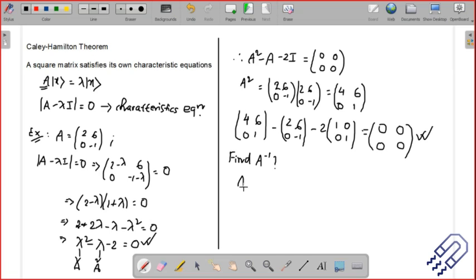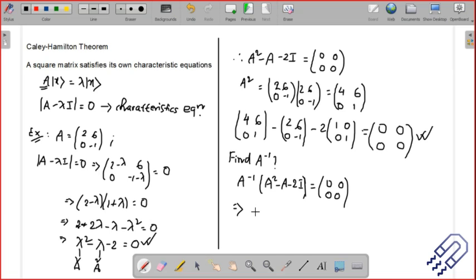Okay, so what we do is we can multiply with inverse on both sides. A inverse of A square minus A minus 2I is equal to 0, 0, 0. This side if you multiply A inverse with the 0 matrix, you're still going to get the same.